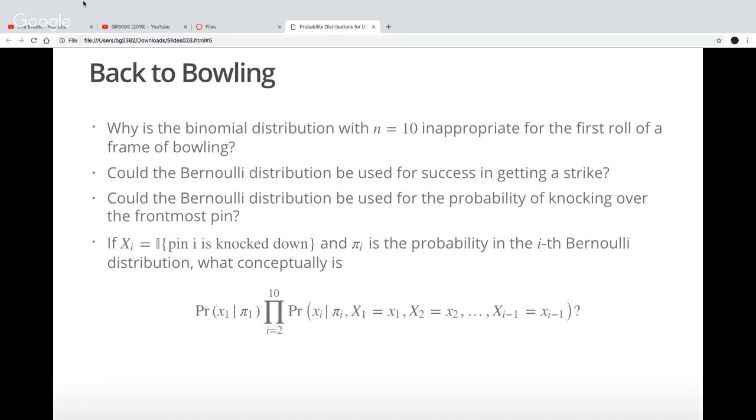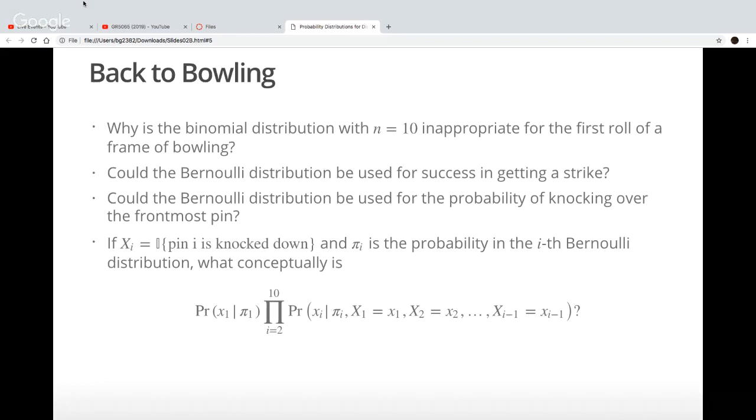Yes, that's exactly right. So this product thing, okay, so first we start with the marginal probability that the first pin gets knocked down or doesn't, success or failure there. Then multiplied, starting with i equals 2, just the probability that the second pin gets knocked down, given its probability, and given the fact the first pin was or was not knocked down.